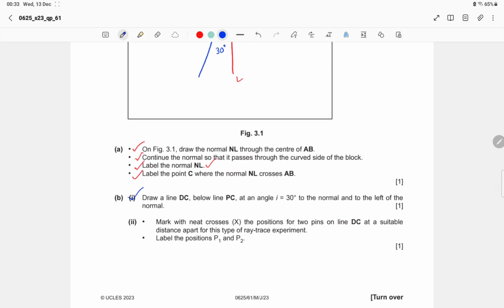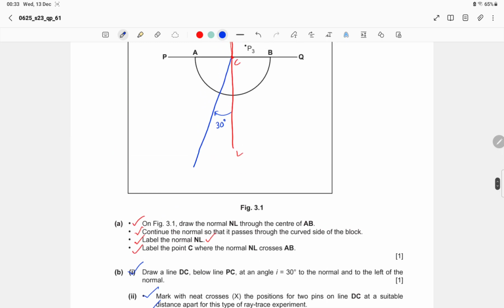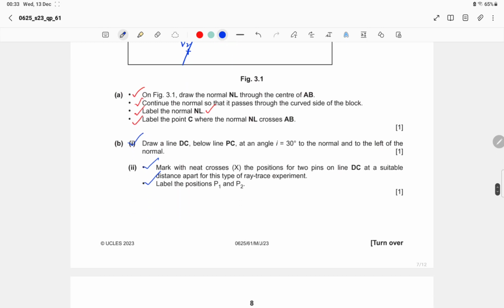Then mark a cross for two positions on line DC and label the positions P1 and P2. So what we are going to do is add a cross over here, and then label P1 and P2. You have to write it like this. Okay, so this is also done.